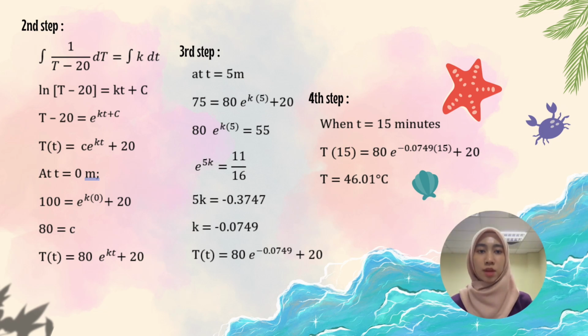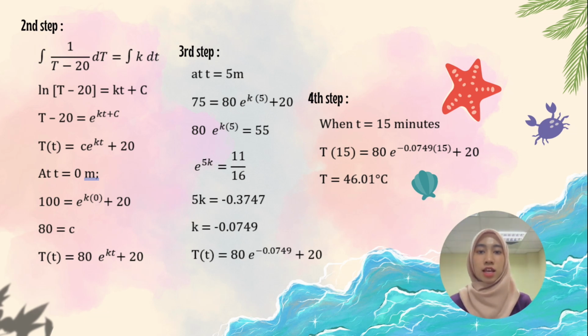And then we eliminate ln, we multiply with exponential. So we get T minus 20 equals e to the power of (kt plus c). And then we apply the initial condition T(0) equals 100 degrees Celsius. 100 equals e to the power of k(0) plus 20. And then we get the value of c, which is c equals 80.